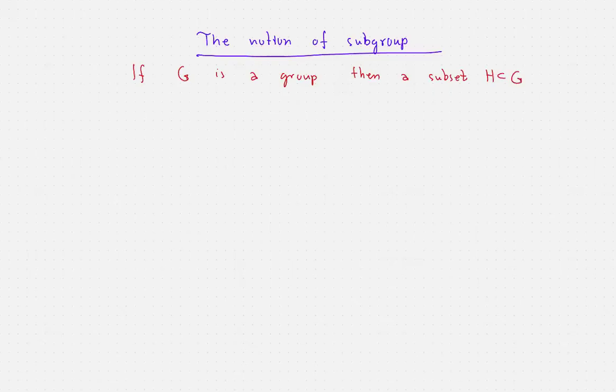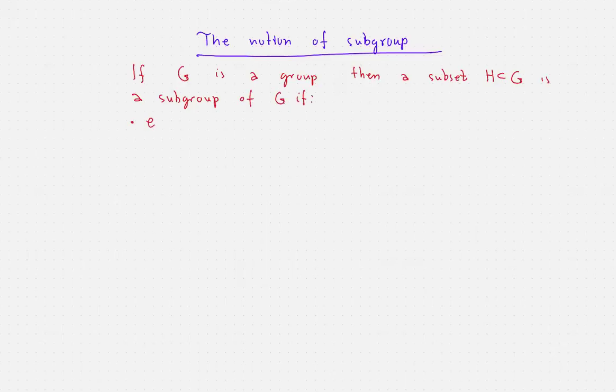And I'm going to give you the definition that is the most revealing, not necessarily the most concise. H is a subgroup of G if the identity element belongs to H.